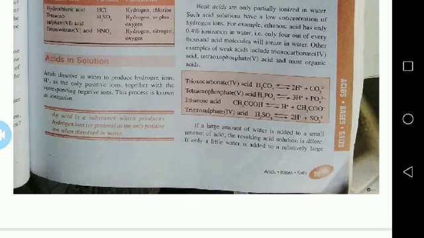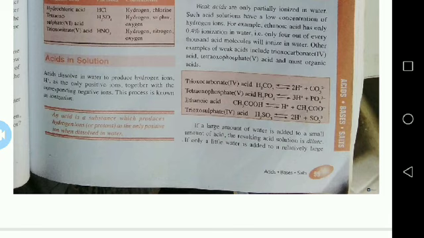Cations are positively charged ions, so hydrogen ion is the only cation that acid produces when dissolved in water, and the rest of the other elements are anions.